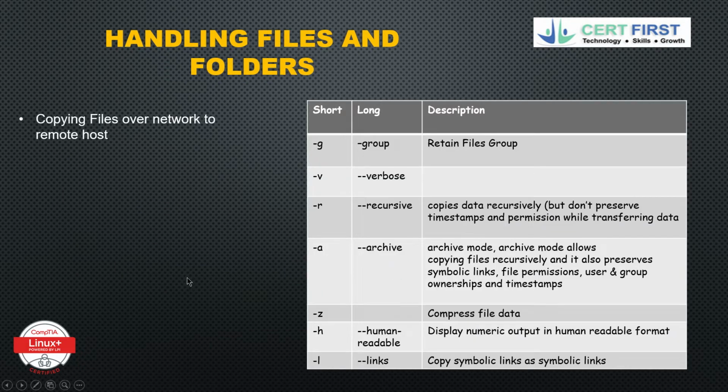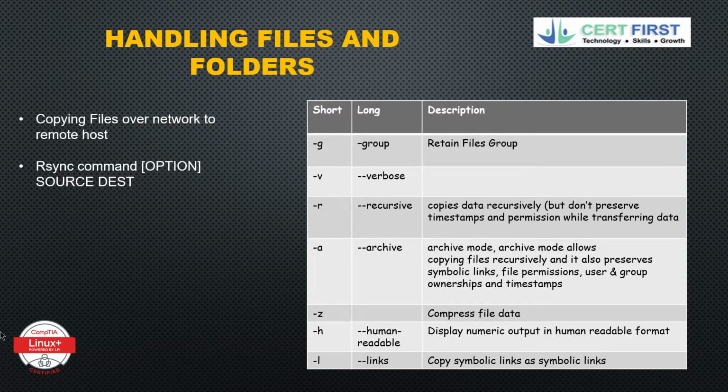And so then we have, if we want to copy files over the network to a remote host, a file transfer process. So typically it needs to be protected, and you might use something called rsync. So the rsync command, option, and then the source and destination.